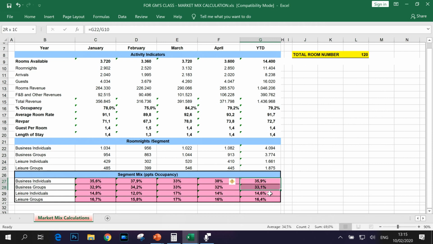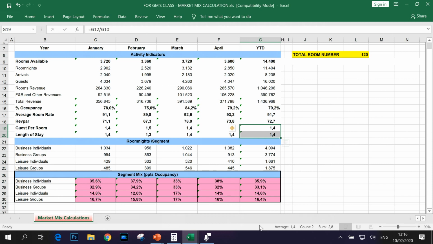So this market segmentation gives us the reason why our guests per room and length of stay were quite low. This is how we can calculate a market segmentation mix itself and see the characteristics of our clients.